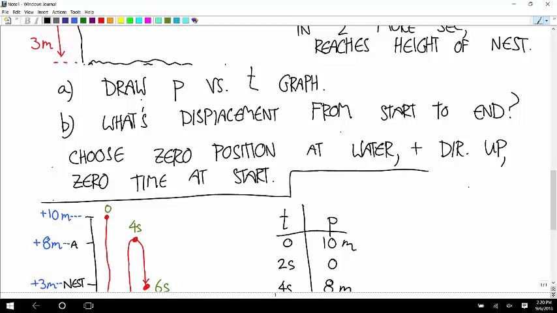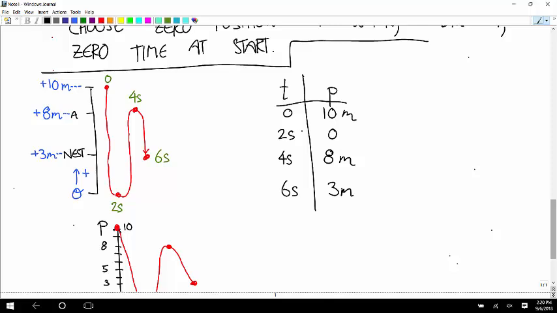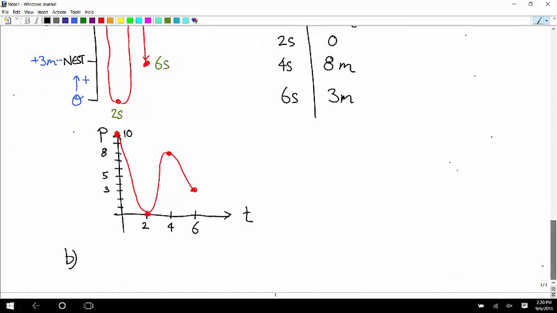Okay, so displacement now. We want the displacement from the start to the end of the motion. The easiest way to get that is from this table that I wrote. So the displacement is the position at the end, the position at 6, minus the position at 0.